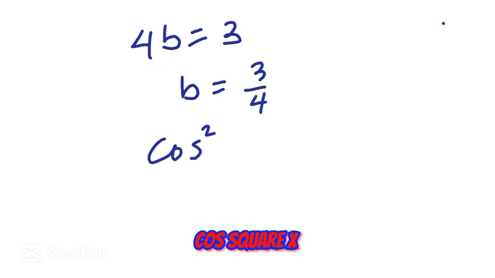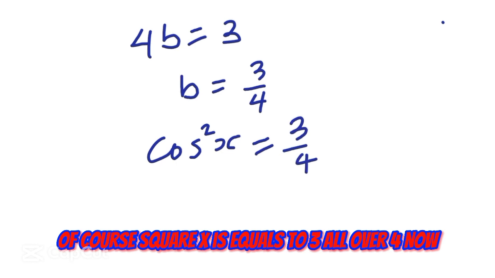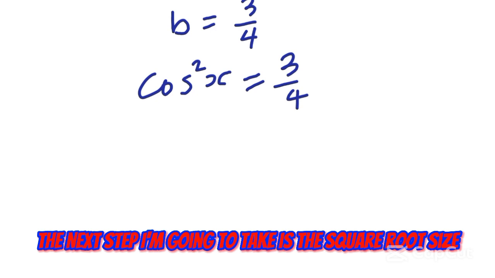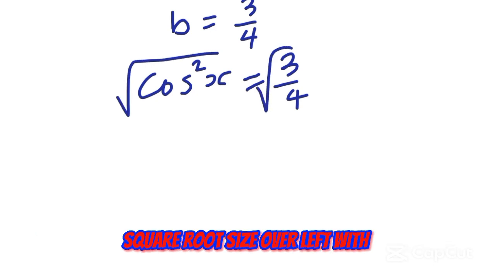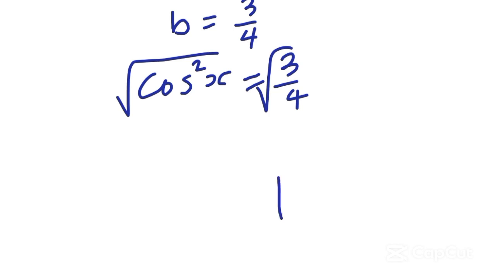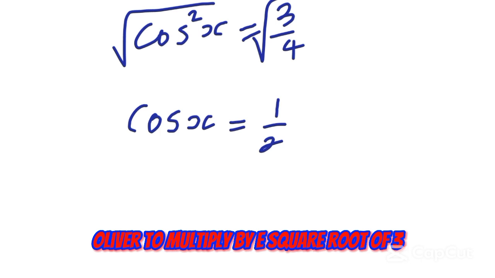So here we have cos square x is equal to 3 all over 4. Now the next step we're going to take is to square root both sides to get rid of this square. So on square rooting both sides, we'll be left with cos x is equal to 1 all over 2 multiplied by the square root of 3.